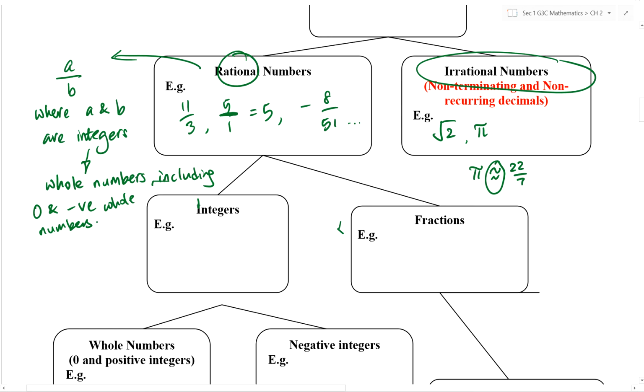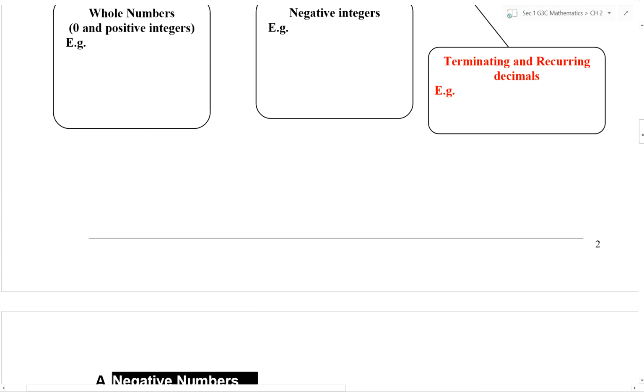But this is a small number, which is why in primary school, our teachers told us to use 22 over 7 to approximate. Roughly there only, but it's not exact. Okay? So pi cannot be equal to 22 over 7. Okay, so there are other examples, square root of 3, so on and so forth. So these are the two important ones that you need to know.